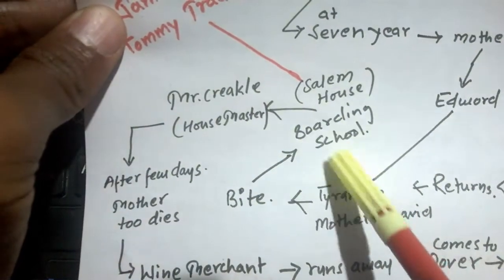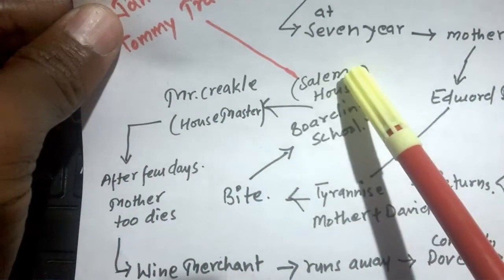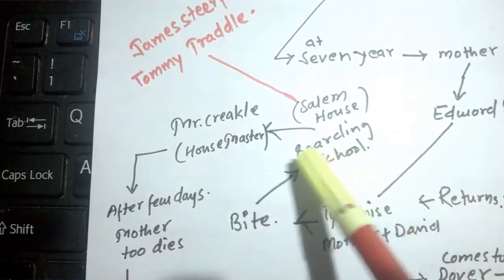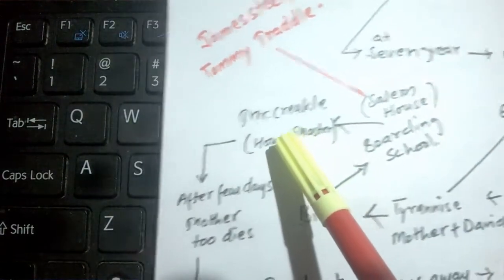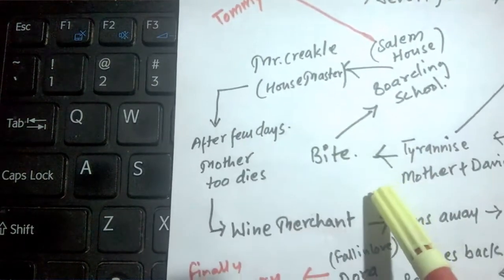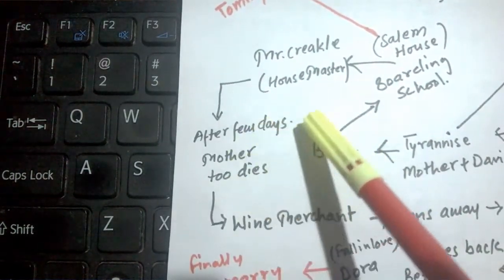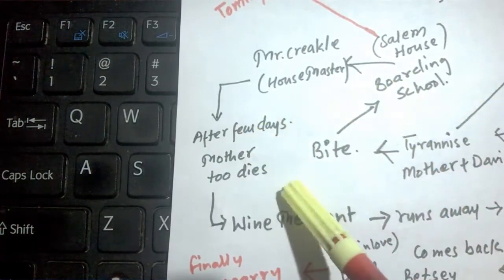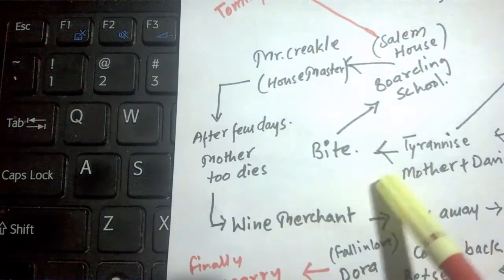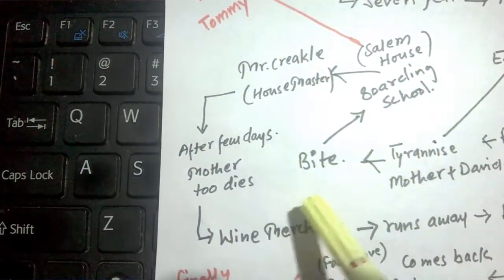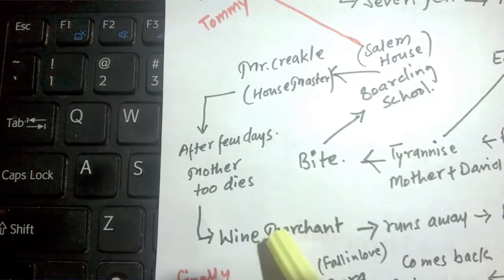So he sent him to a boarding school, and the name of the boarding school is Salem House. The housemaster was Mr. Creakle. After a few days, when he was in the boarding school, his mother too dies, and Murdstone, his stepfather, sent him to work with a wine merchant.